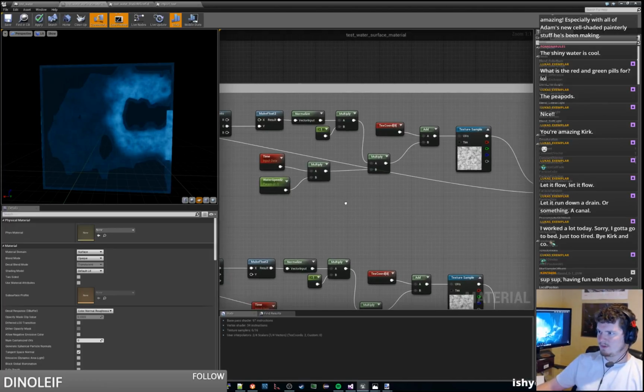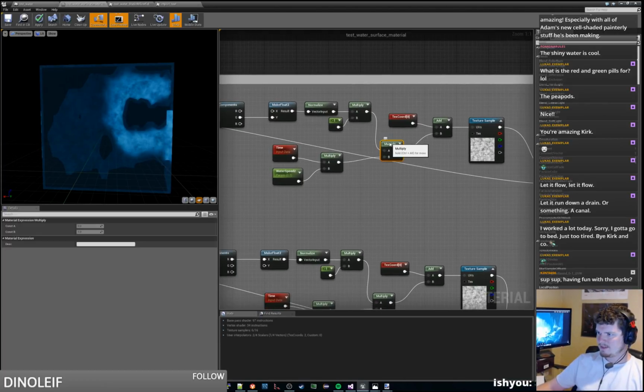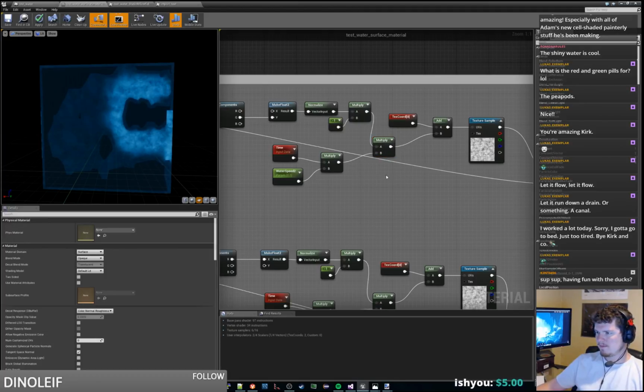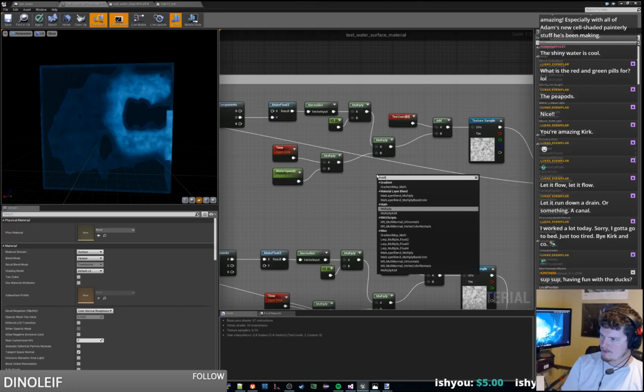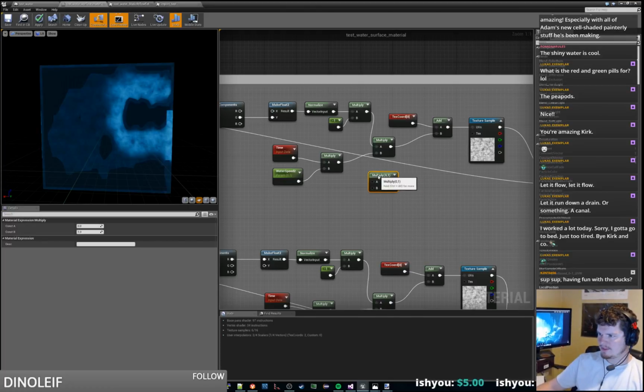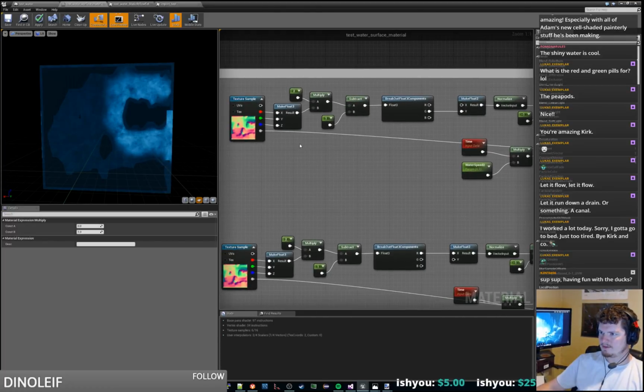Maybe we need to multiply the time again by this thing to make it move slower. Multiply this value here by the alpha.